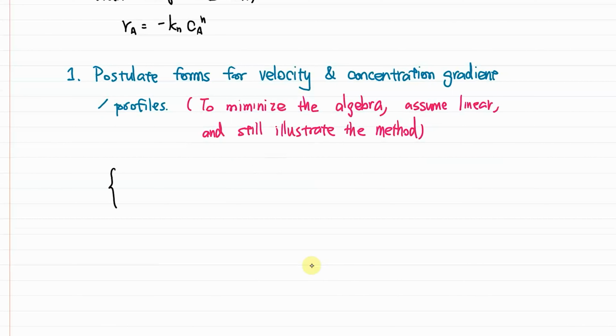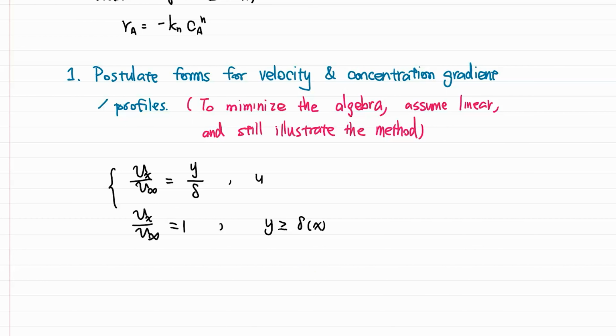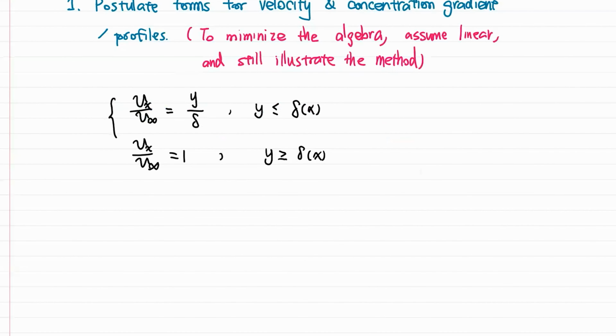We can postulate that Vx over V infinity will equal y over delta when y is within the velocity boundary layer, and Vx over V infinity equals 1 when y is outside the velocity boundary layer.